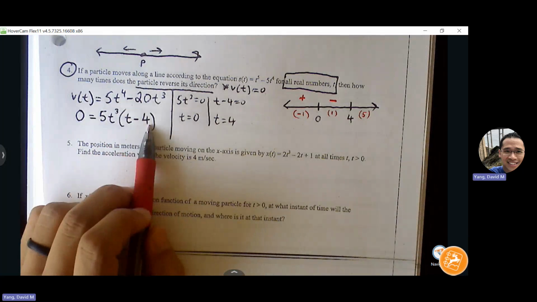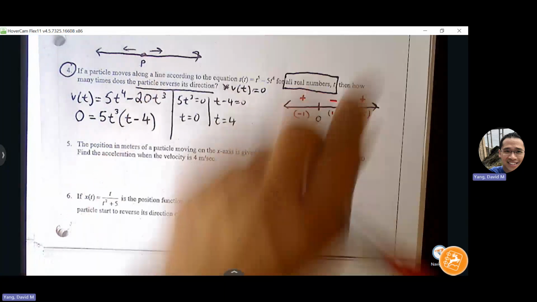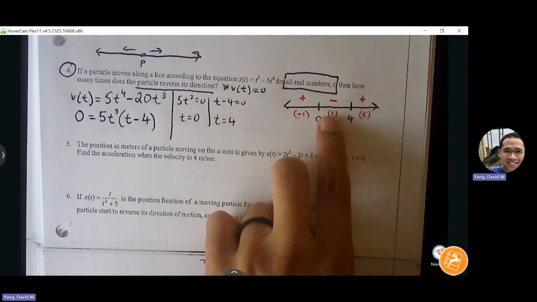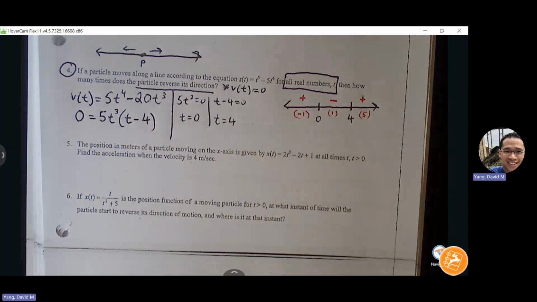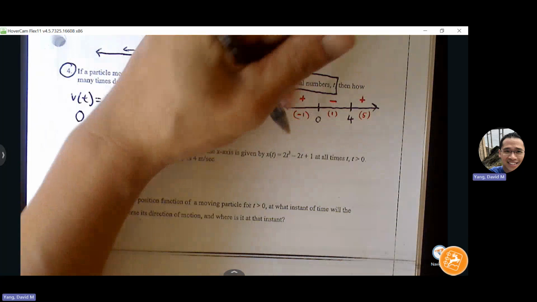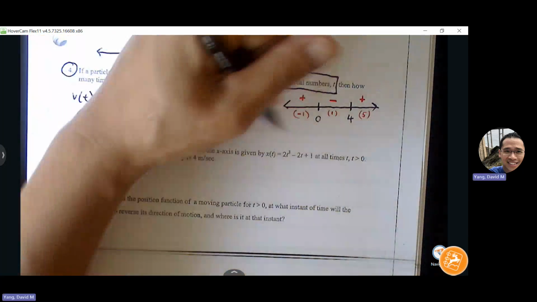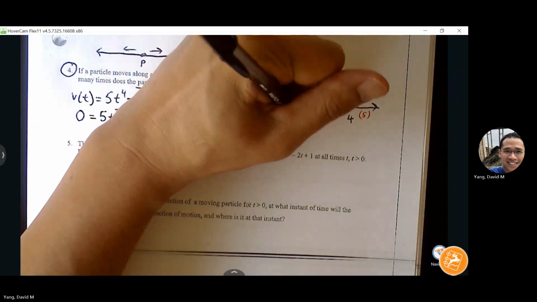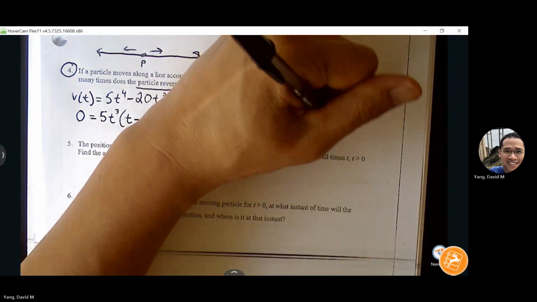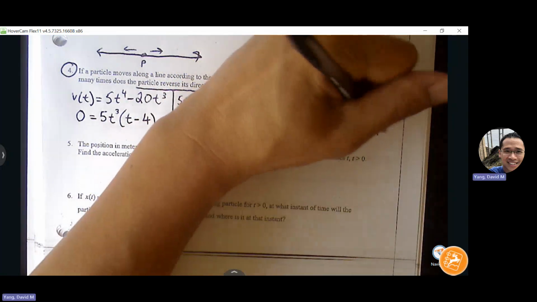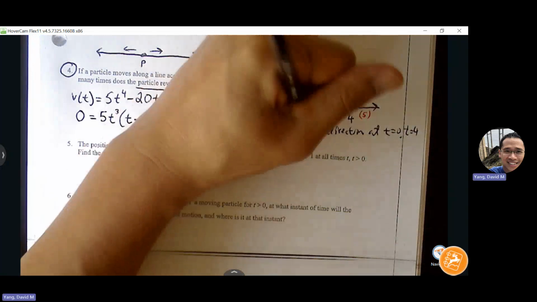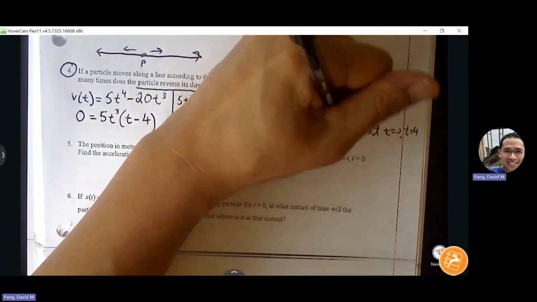Positive. 5 minus 4 is positive as well. So this indicates that there are 2 places where this object changes direction, because velocity changes signs. So you plug in a number for what's before, and what's in between. Exactly. So the particle reverses direction at t equals 0 and t equals 4 because v of t changes signs.